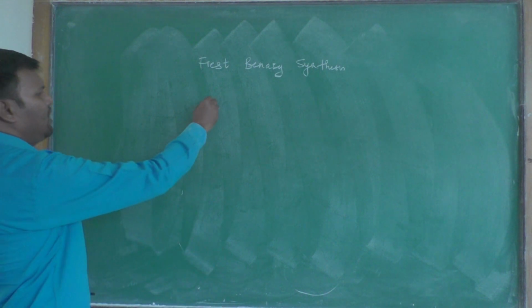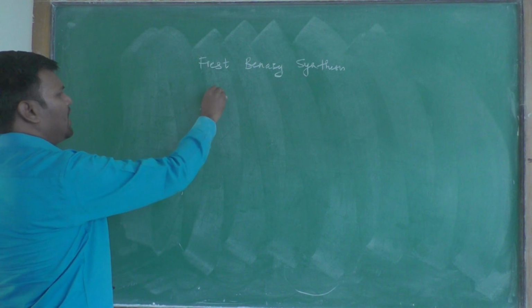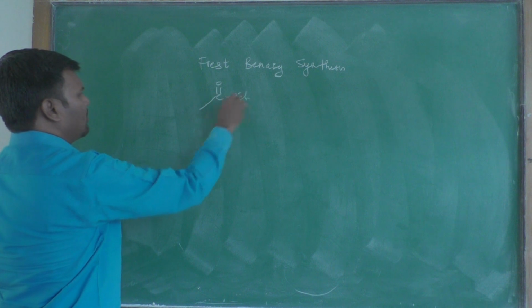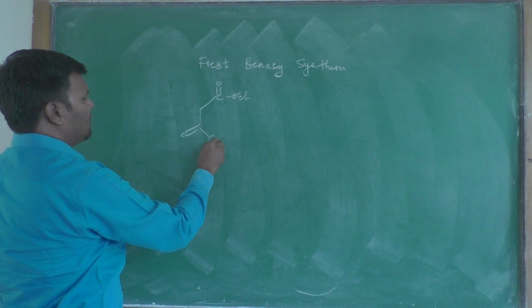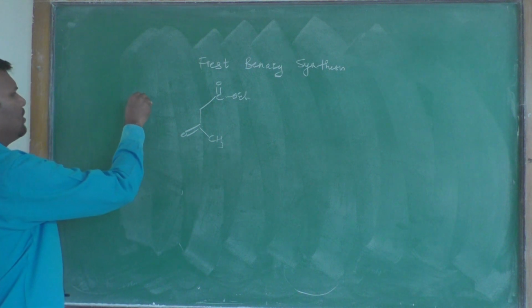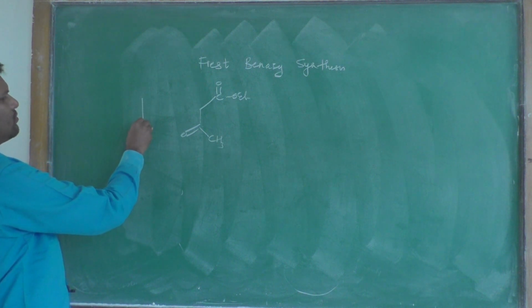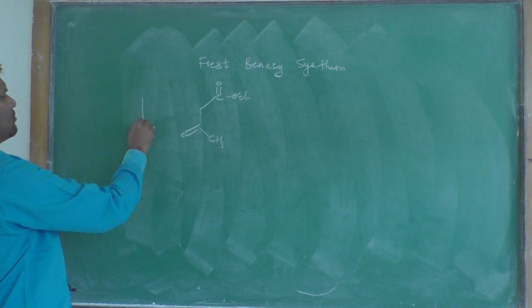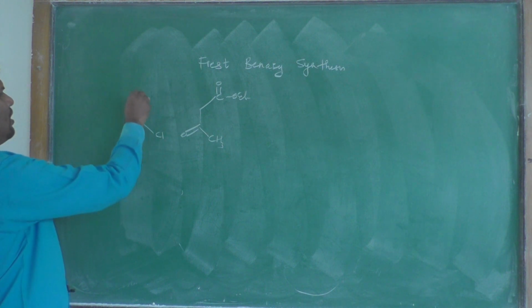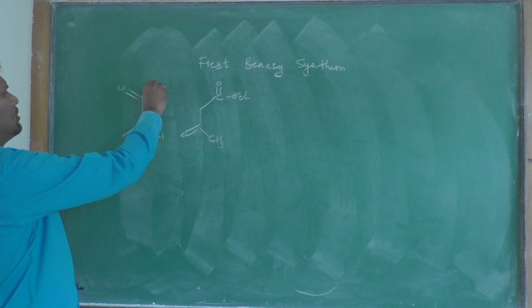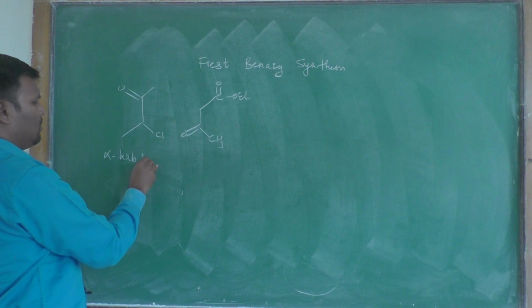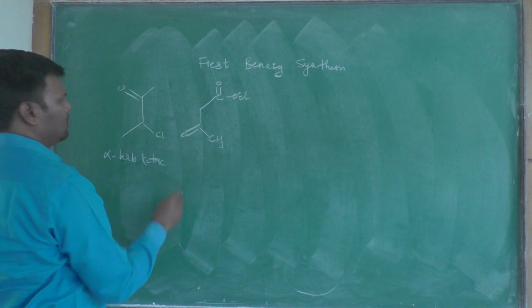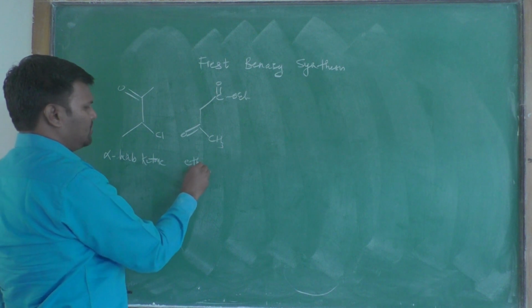Okay, in this synthesis we have ethyl acetoacetate and an alpha haloketone, such type of alpha haloketone, and this is the ethyl acetoacetate.